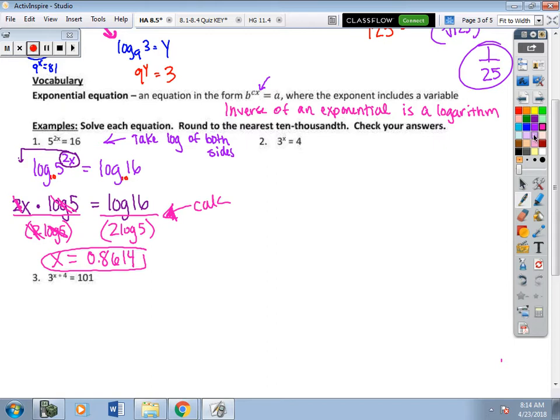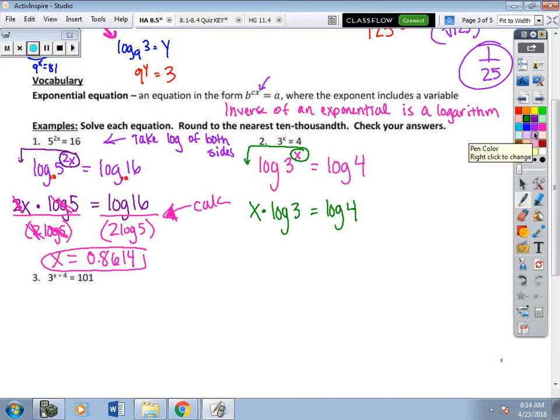All right, next one, exponential also. So we'll start by taking the logarithm of both sides. So log 3 to the x equals log 4. Use your rules for logarithms. The x can come out front. And this one is even a little easier because we'll just undo multiplication with division.